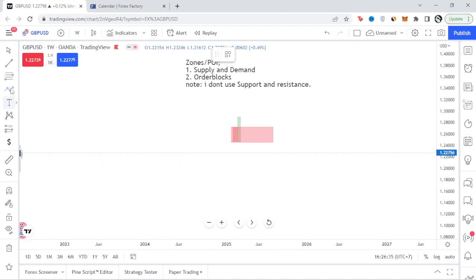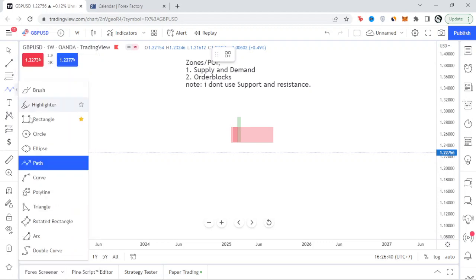For instance, let me show you what I'm talking about. One more candlestick would explain better.